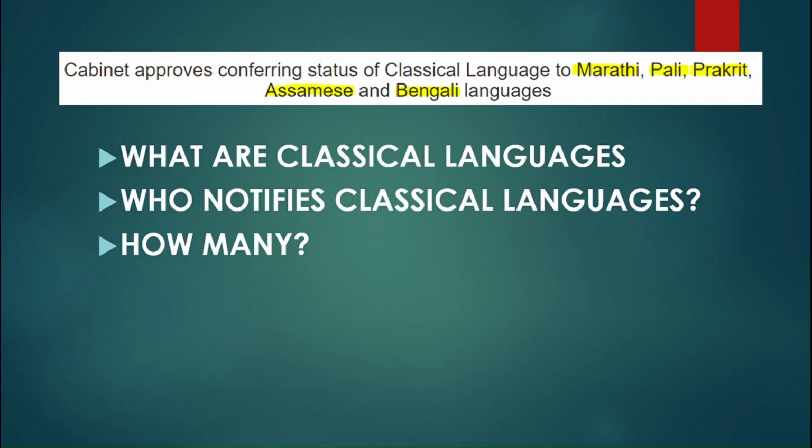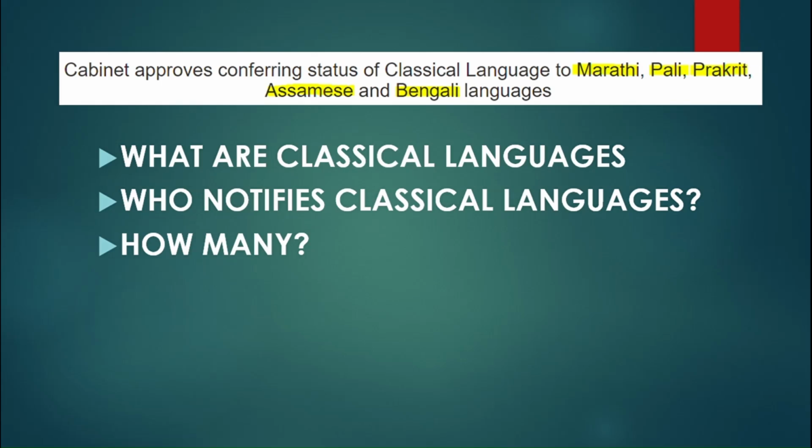Next, Cabinet approves conferring the status of classical language to Marathi, Pali, Prakrit, Assamese and Bengali languages. So here you need to understand what the classical languages are, who notifies them, and how many classical languages there are. That's all. It's just a straightforward prelims question, right?